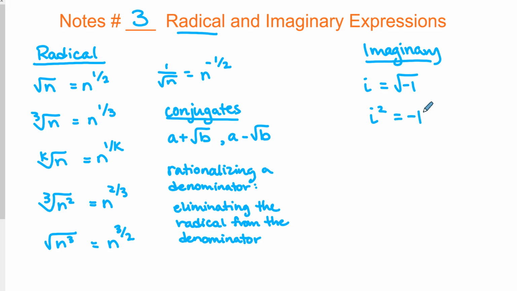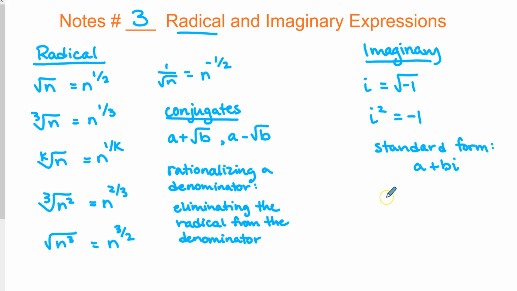So this allows us to talk about the square roots of negative numbers and not just say that they don't exist, but we've defined them as imaginary. The standard form of a complex number is a plus bi, where a is the real part and bi is the imaginary part. a and b are both real numbers, but bi would be imaginary.